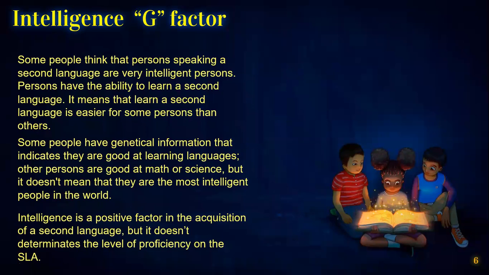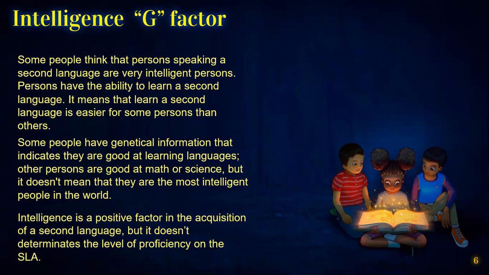About the intelligence factor, some people think that persons speaking a second language are very intelligent persons. Persons have the ability to learn a second language, so it means that learning a second language is easier for some persons than others. Some people have genetic information that indicates they are good at learning languages.